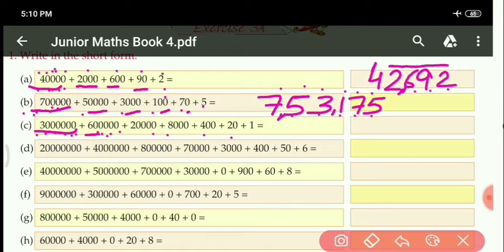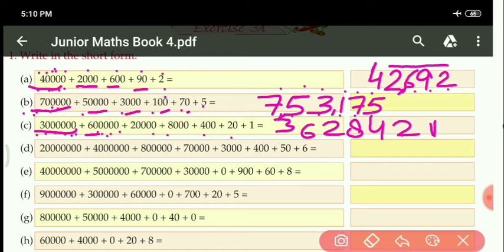Here also 0 are decreasing, so simply we can write firstly digit only here. As you can see here, first digit what is? 3, then 6, 6 after 2, 2 after 8, 8 after 4, and 4 after 2, then after 1.